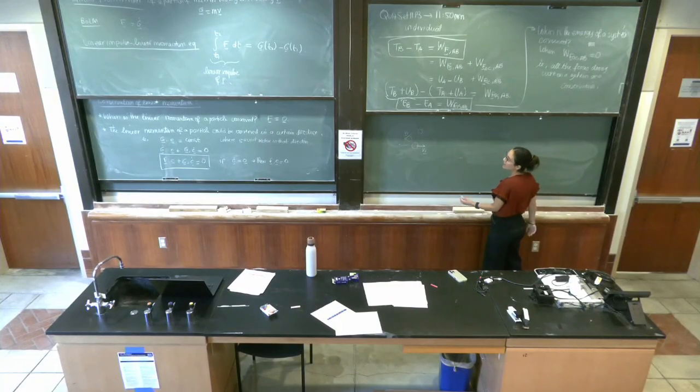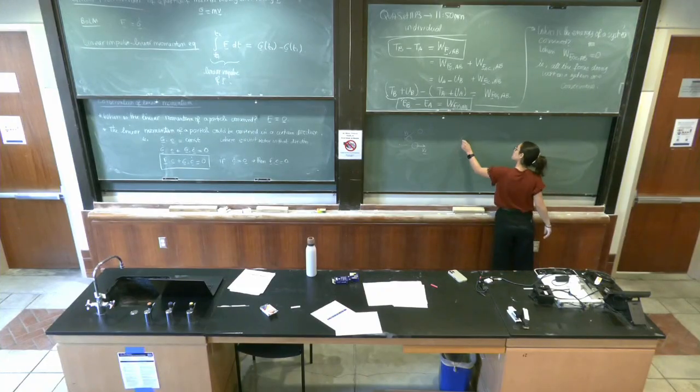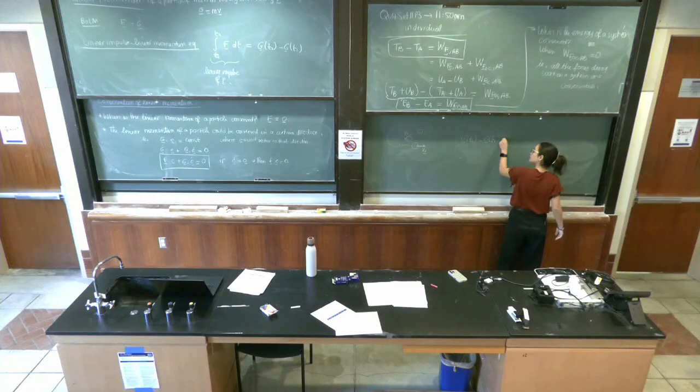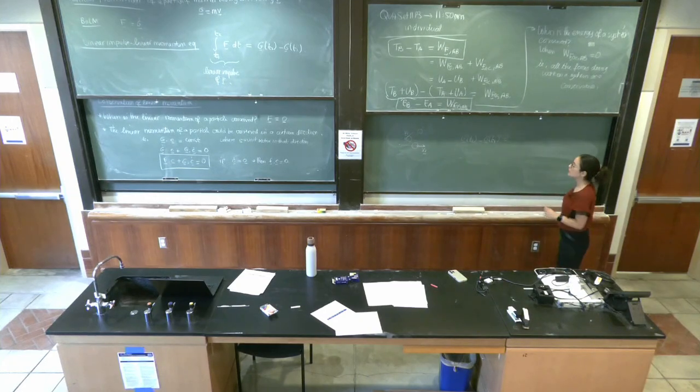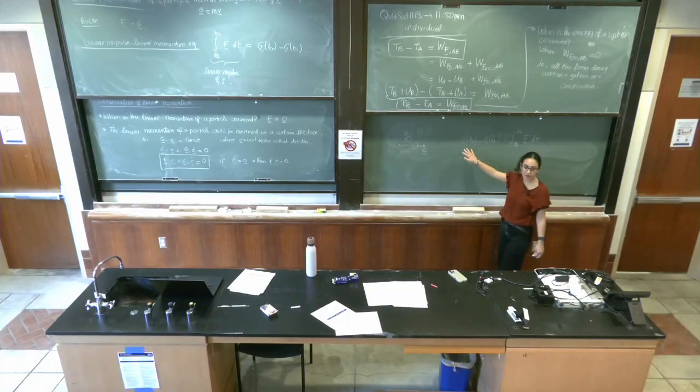So I can say that G at t2 minus G at t1 is equal to the integral of the forces acting on the ball between t1 and t2. If I know v1 and v2 and the mass of the ball, am I able to calculate G at t2 and G at t1?